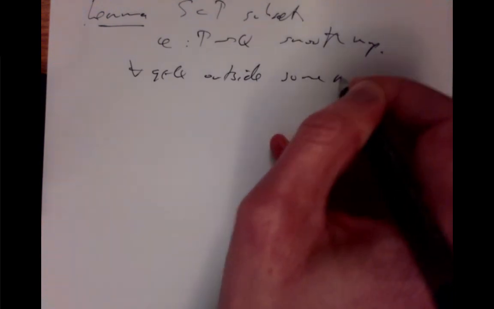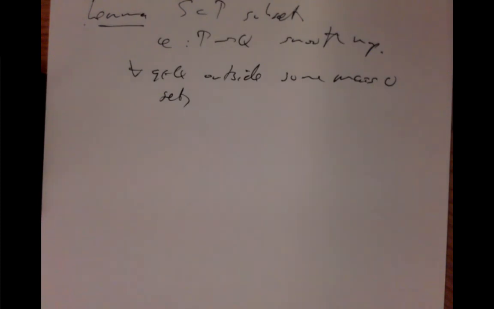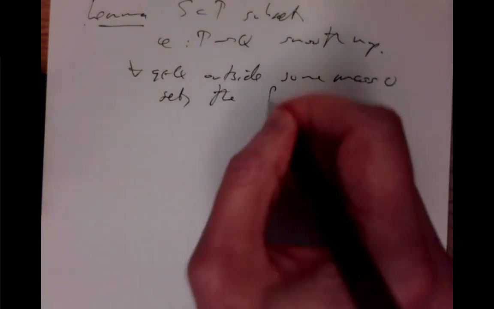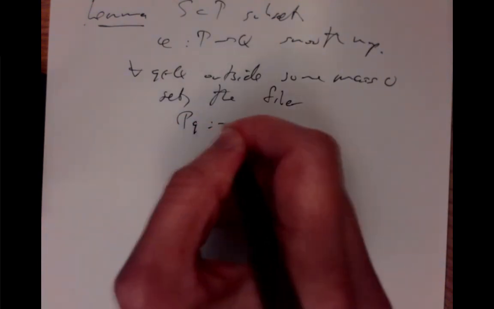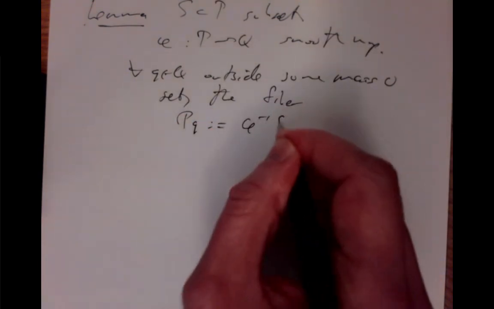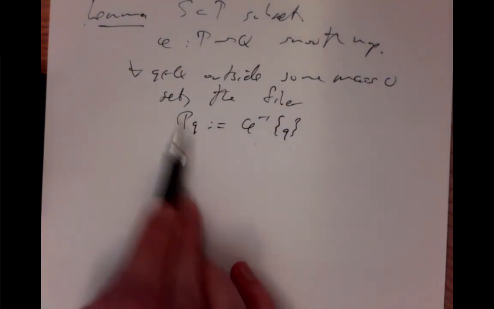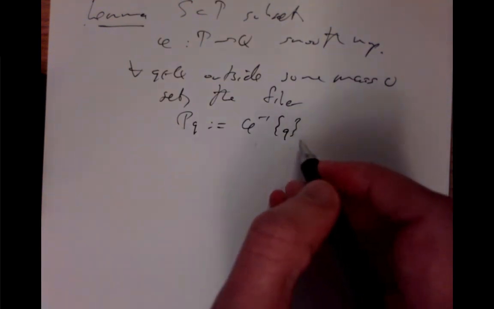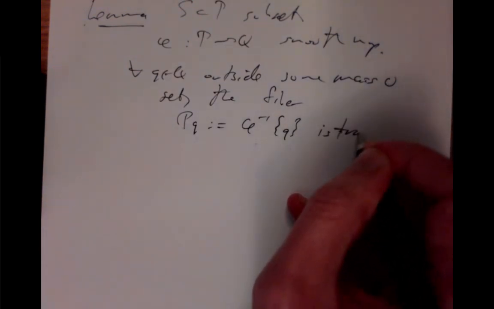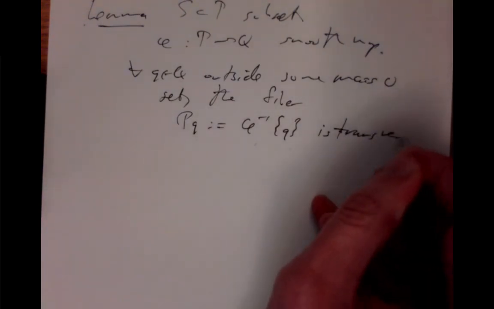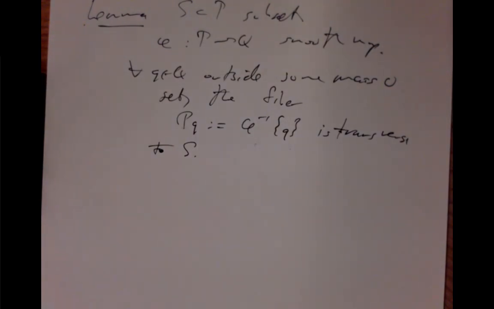Then for all q outside some measure zero set, the fiber P_q, which is defined to be phi inverse of q, all the things in P that map to q, is transverse to the whole set S. Okay, so that's a useful result.